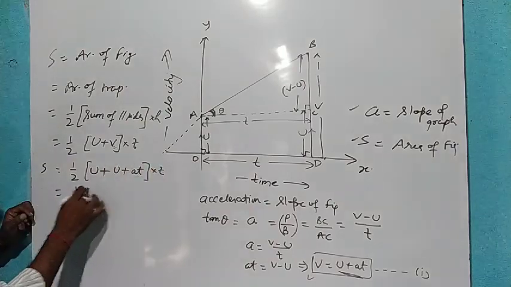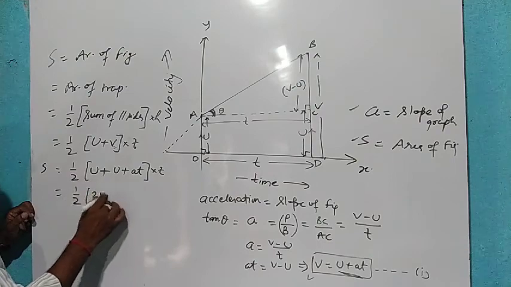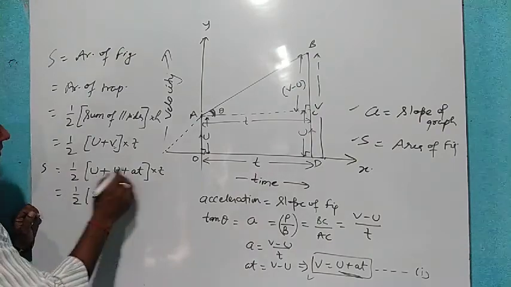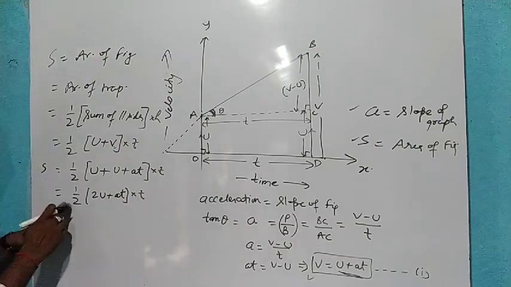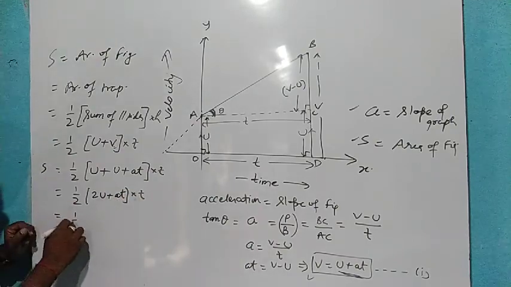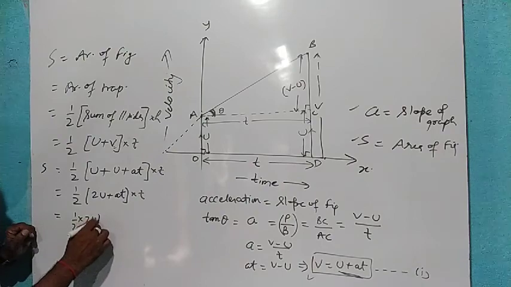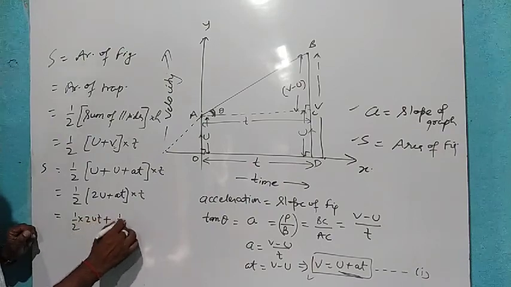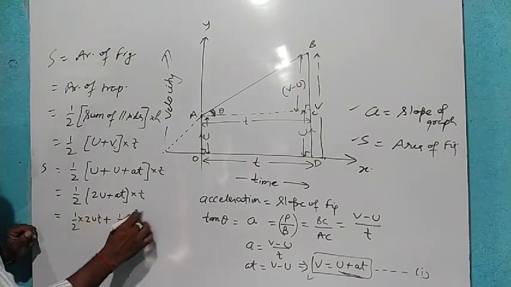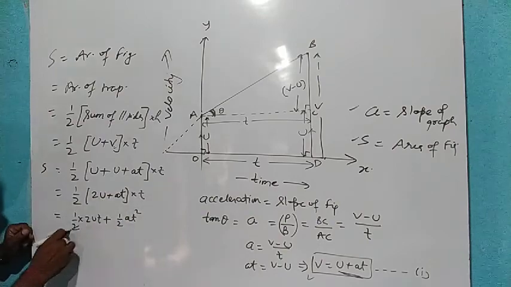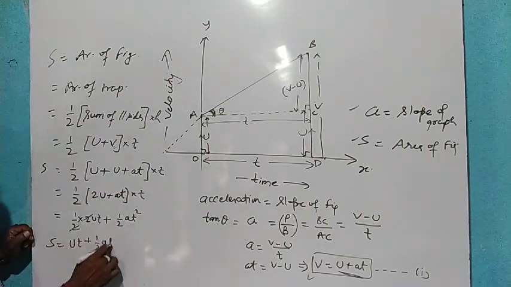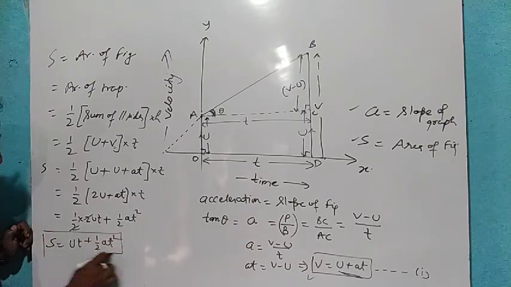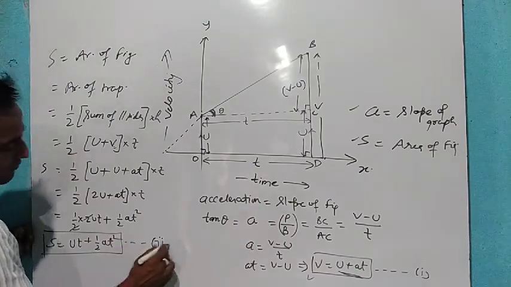So this will be 1 upon 2, u plus u, 2u, plus at into t. If 1 by 2 and t are multiplied inside, 1 by 2 multiplied by 2ut plus 1 by 2 multiplied by at into t, that is t square. 2 cancel. So s is equal to ut plus half at square, and this is the second equation of motion.